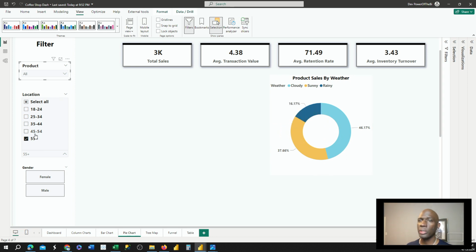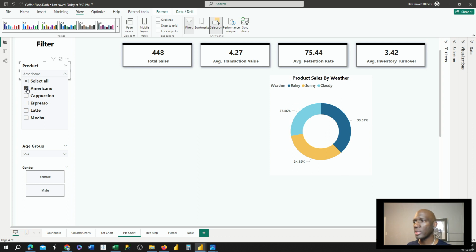So then I want to know, what products are these guys purchasing? If I look at all the products, I can tell what their patterns are, but I want to see what products they're buying. Espresso on a cloudy day is 27.46%. Cappuccino is at 29.84%.